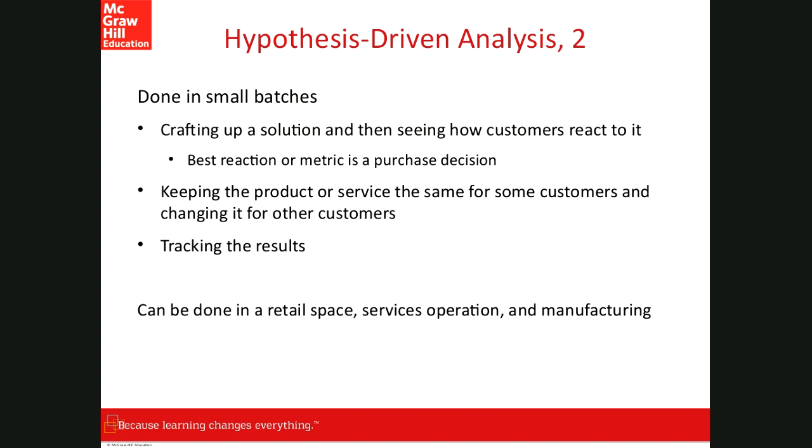So you keep the product or service the same for some customers and change it for other customers. If you have a small sample of individuals, maybe some like it the way it is, and maybe some like it changed just a little bit, so you can have that little variation. One example is when I was cooking Haitian beef patty pastries.